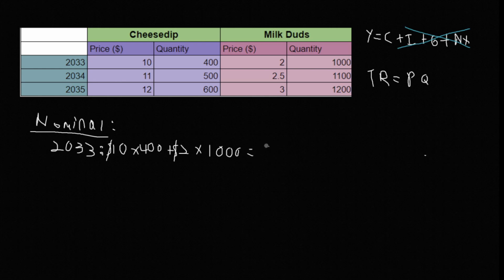And that is $6,000. This is the nominal GDP for 2033.